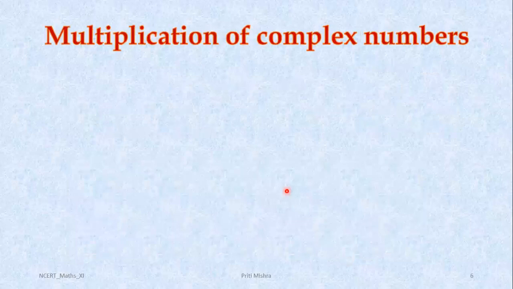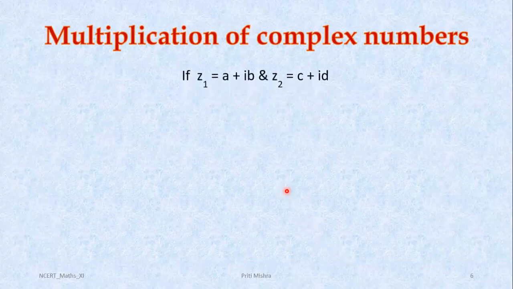Now, multiplication of complex numbers. How we can multiply two complex numbers? So, if we are having two complex numbers, z1 equals a plus ib and z2 equals c plus id, then for multiplication, z1 into z2, just like algebraic expressions, we have to multiply these two terms.